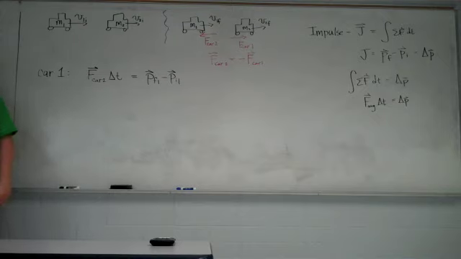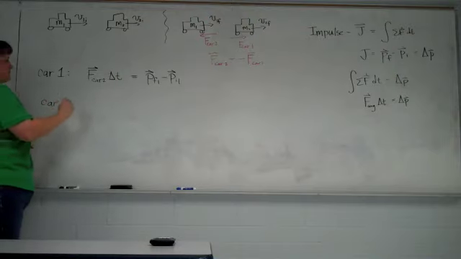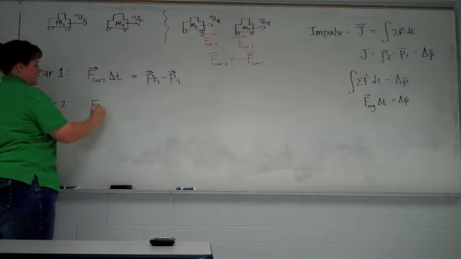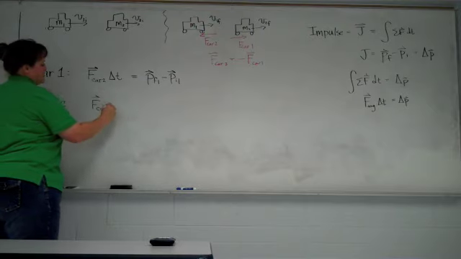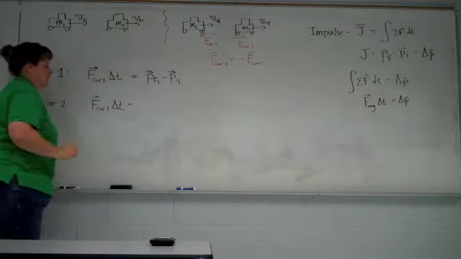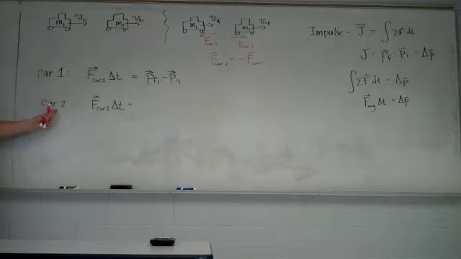So the force of car 2 pushing on car 1 caused car 1's momentum to change. So momentum final 1 means the final momentum of car 1. Momentum P1 initial means the initial momentum for car 1. Car 2's momentum changes because the force of car 1 acts on it.